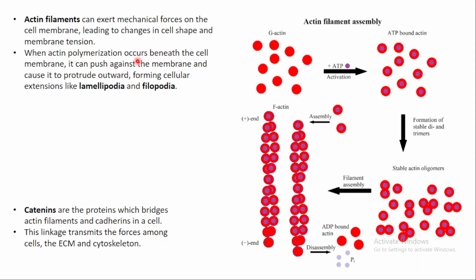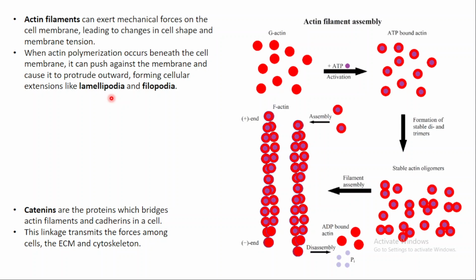The end which is growing will eventually hit the plasma membrane. When it hits that, it can push against the membrane, causing it to protrude outward, forming extensions like lamellipodia and filopodia. These are characteristic actin cytoskeleton structures.